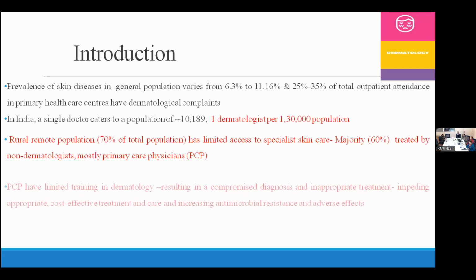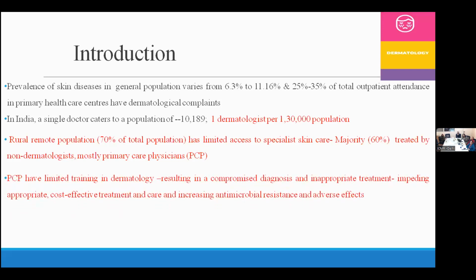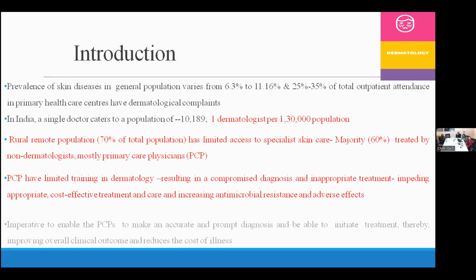So this further compromises access to trained consultation. Most primary care physicians have had very limited training, and we are all aware of the constraints of dermatology teaching in MBBS and how little importance it is given, leading to compromised diagnosis and inappropriate therapy, which is not cost effective and increases antimicrobial resistance and adverse effects.